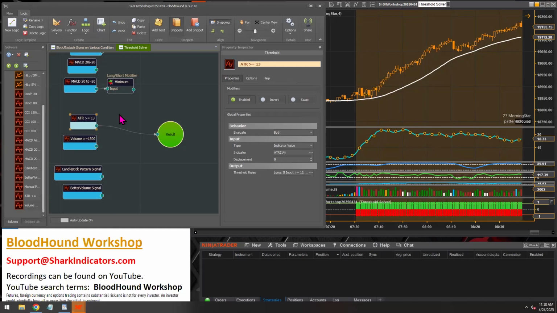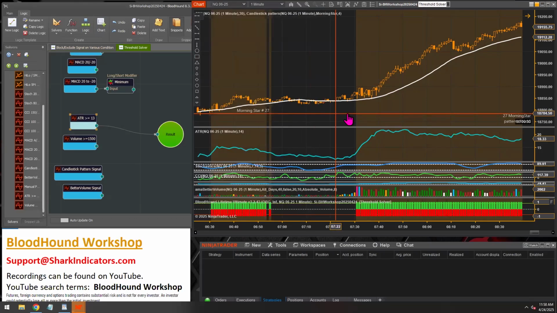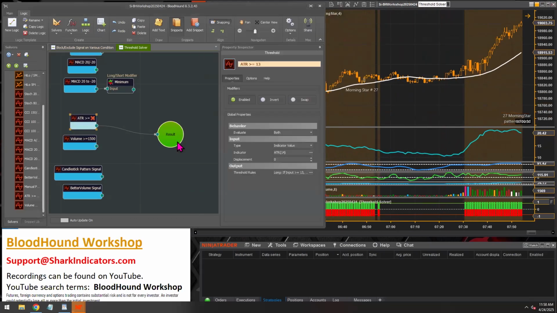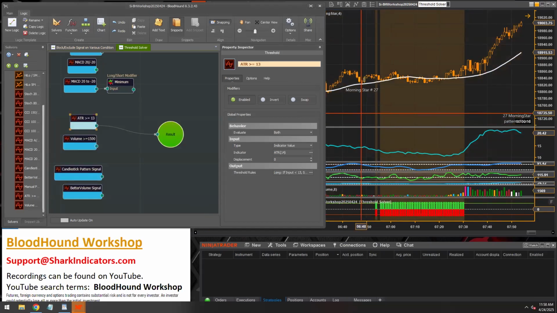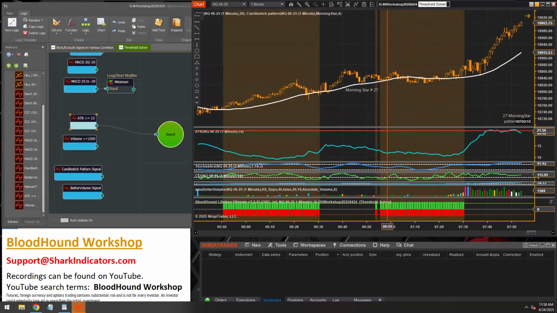kind of consolidating, less volatile, then all we need to do is go into the threshold rules and make sure the ATR is less than 13. It's underneath 13, and so it's safe for my system to trade when that volatility is low, when the ATR is low.